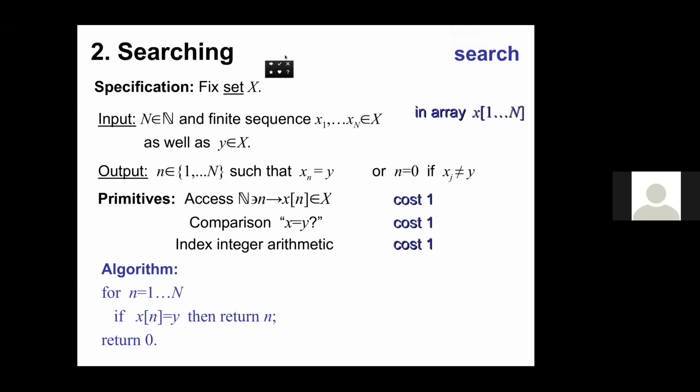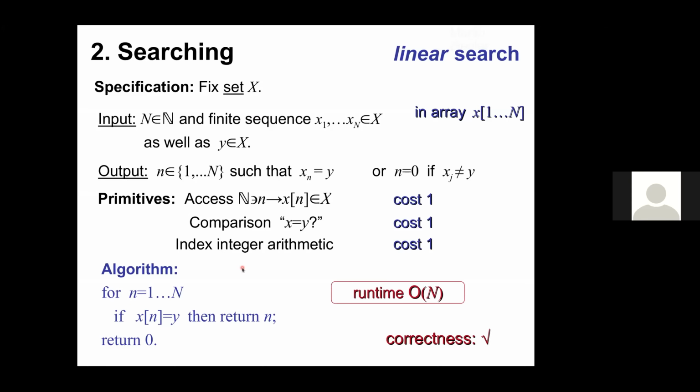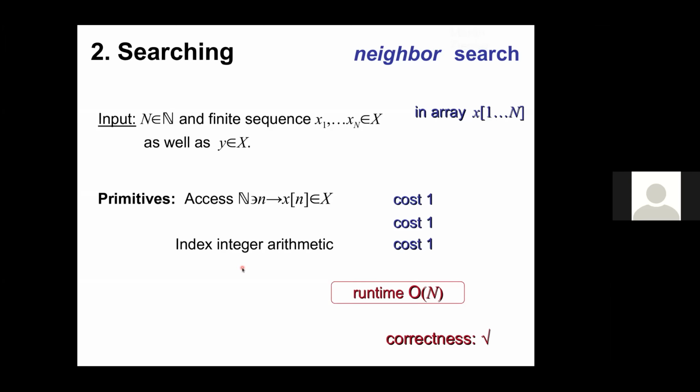It is not difficult to see that this is correct, and that the runtime is linear, and we argued that there is no better way. For a general array, there is no better way of looking for an element; you have to use a linear time algorithm.